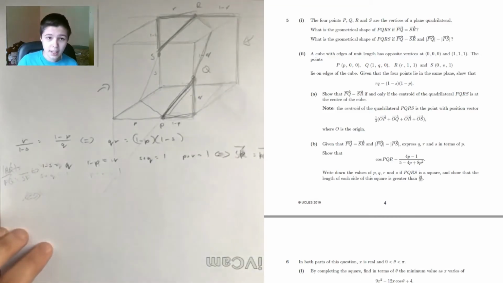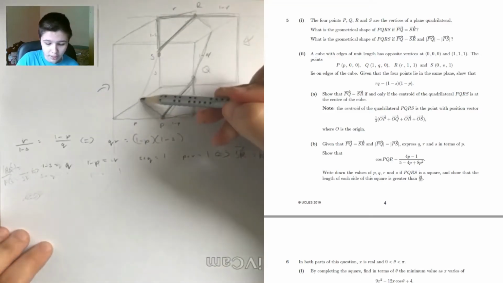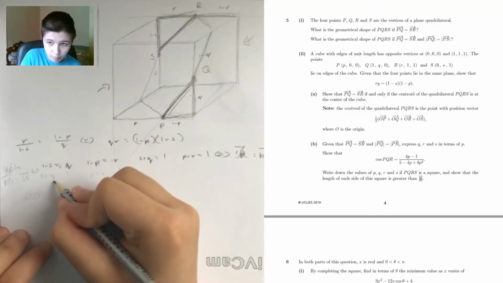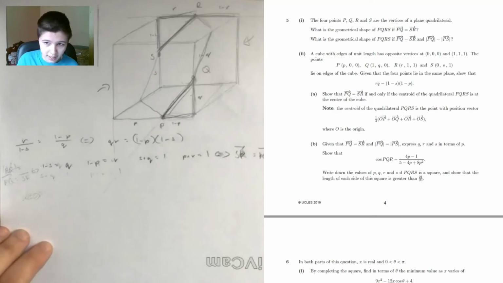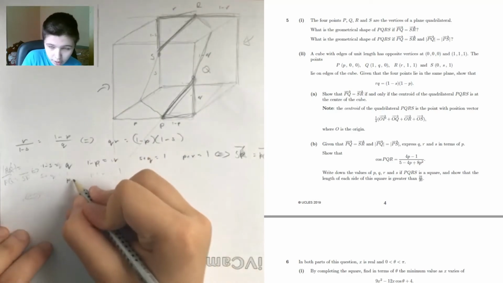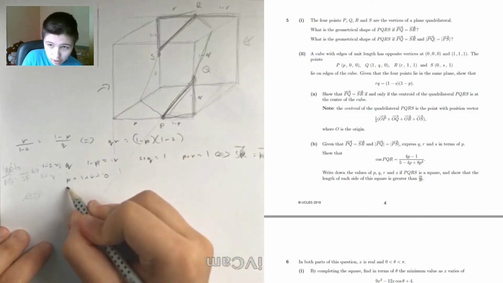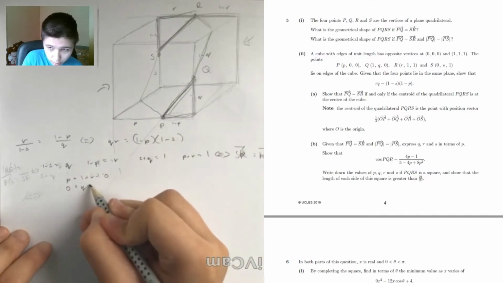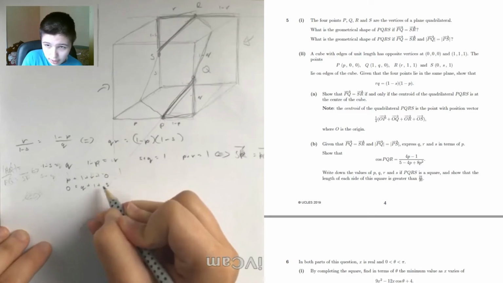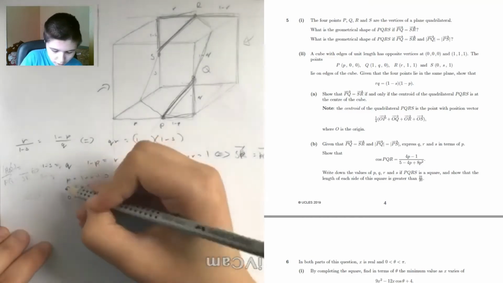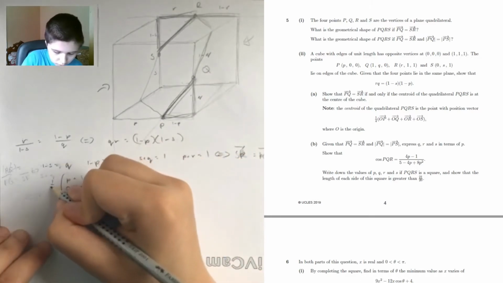And then let's just find the centroid in the general case. That's going to be P plus Q plus R plus S over 4. So P plus 1 plus R plus 0 plus Q plus 1 plus S, and 0 plus 0 plus 1 plus 1, all a quarter of this.